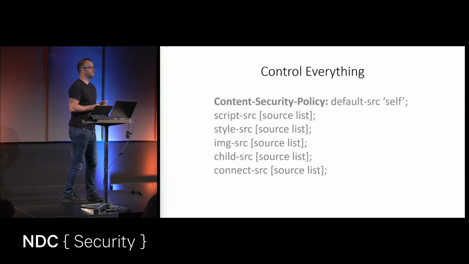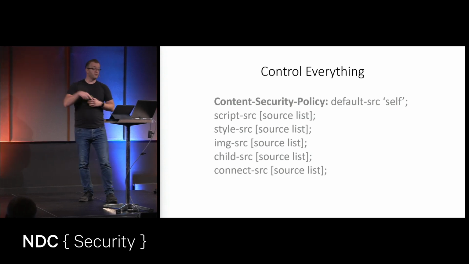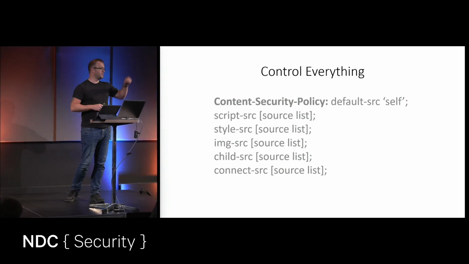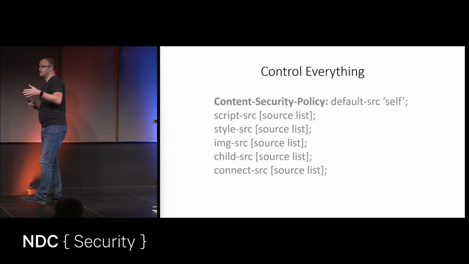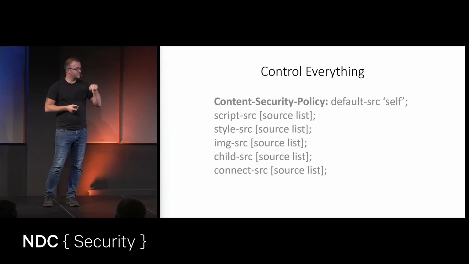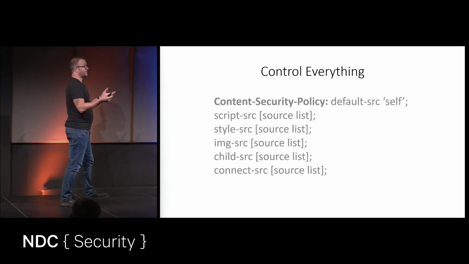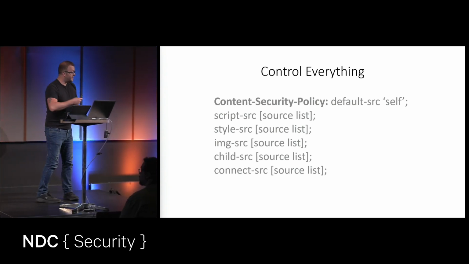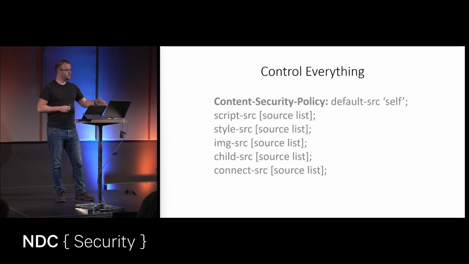So if that little piece of JavaScript somehow gets onto my page and it's trying to AJAX that data out the back, or you've also got form action, maybe they build a form and try and submit it with a post to some third-party location, the browser will check against this and say, okay, well, this JavaScript is running on the page, it got here somehow, but this page is only allowed to send data to this location or that location. So if this JavaScript suddenly starts trying to skim your visitor's credit card data, it can read it, it can access it, it can grab it, and then it goes to fire the post, and CSP is like, no, that's not supposed to happen. It's not supposed to go there.